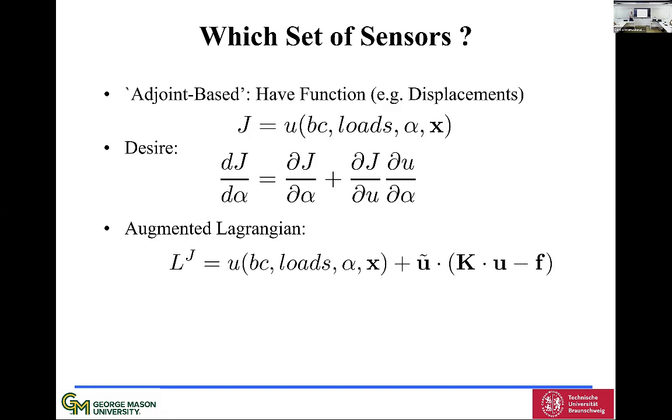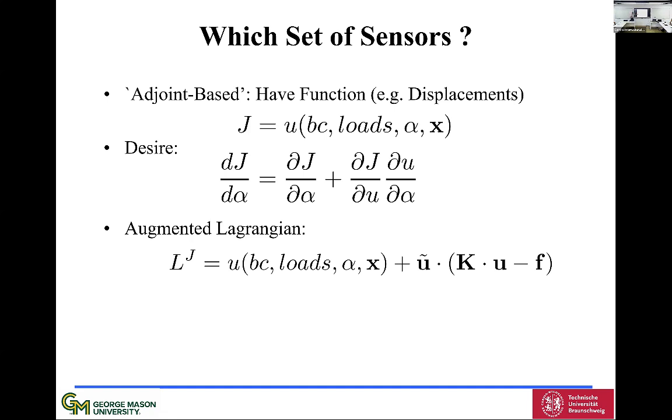The other option is to use the inverse, to use the adjoint. Okay, so we say we have a function J, that is the displacement based on the boundary conditions, the loads, alpha, and everything else. And now I want to see what is dJ by d alpha. So what is my derivative of the displacement based on an alpha that is changing somewhere?